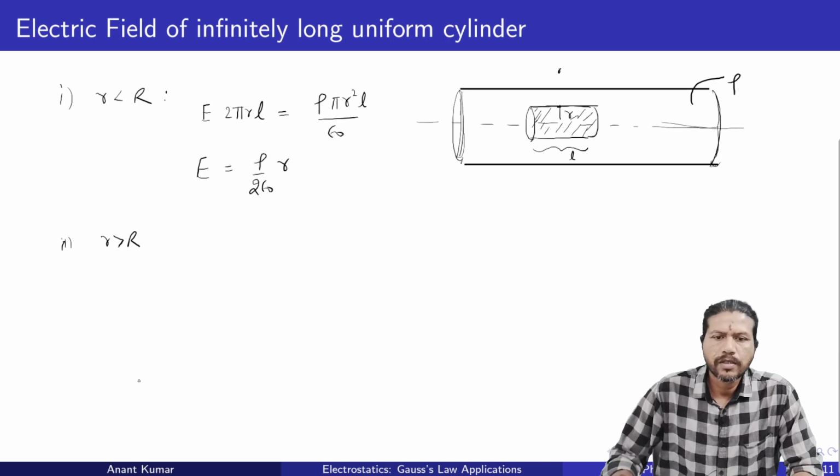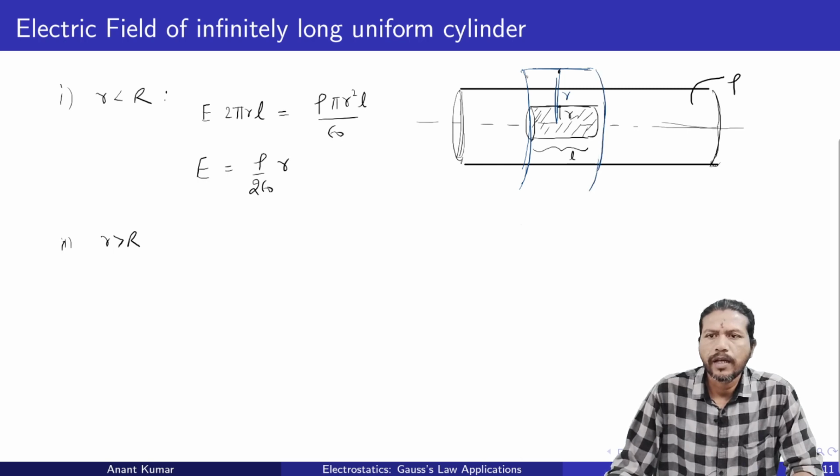Then as my Gaussian surface, I'm going to consider a cylinder once again, but this time the radius is equal to this value r, and again I can take the length to be simply L itself.